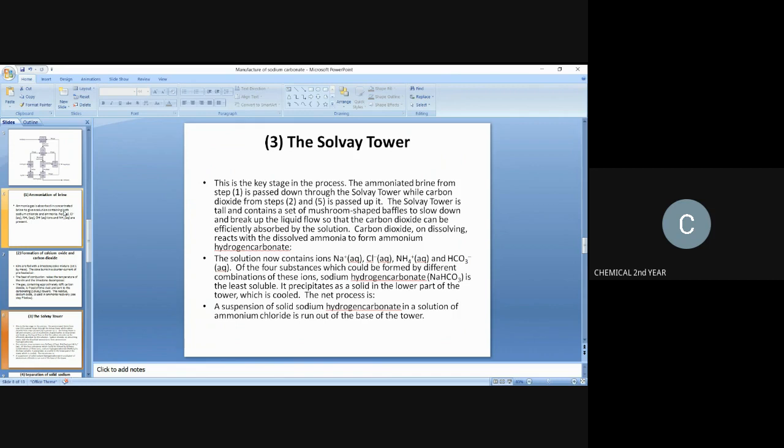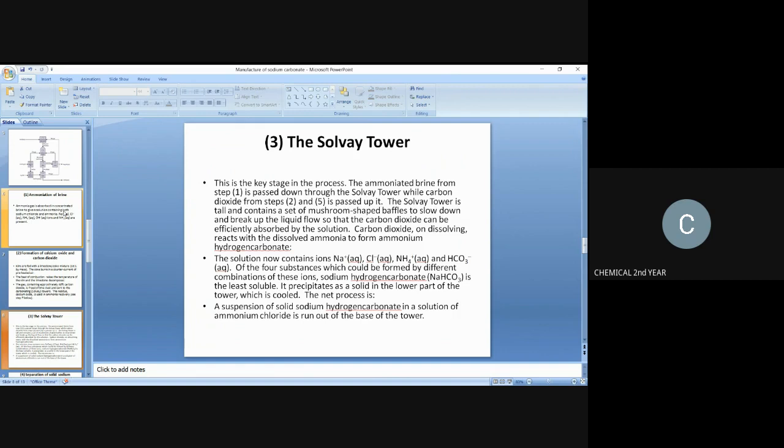The solution now contains Na+ aqueous, Cl- aqueous, NH4+ aqueous and HCO3- aqueous. Of the four substances which would be formed by different combinations of these, sodium hydrogen carbonate is the least soluble here. It precipitates as a solid in the lower part of the tower, which is cooled.